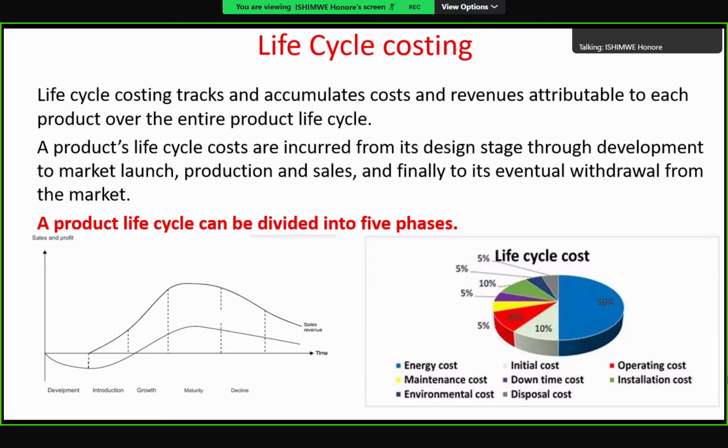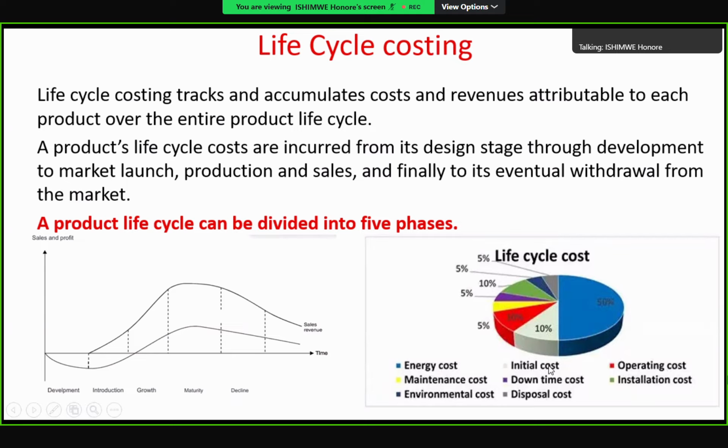Actually what I want to highlight here is not about these percentages. No, I want to show these are all the costs that will be required for your product's life cycle. There is energy cost, maintenance cost, environmental cost. These are costs to comply with environmental regulations, like to prevent environmental pollution.